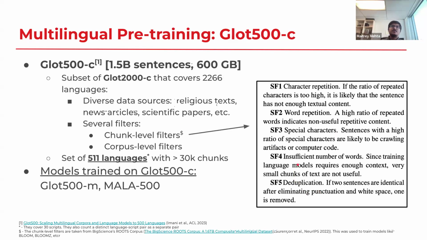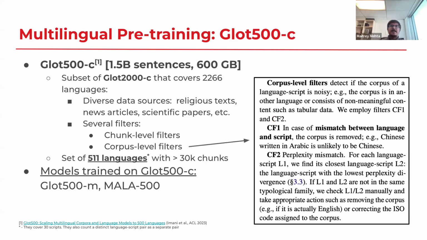And they also had corpus level filters for languages that don't match the script in which they are usually written. For example, Chinese is not written in Arabic script, so if that combination exists, they remove that as well. These were a couple of the filtering strategies that they used.